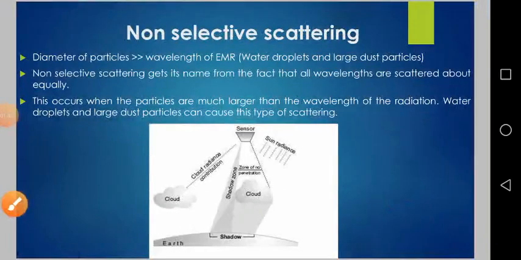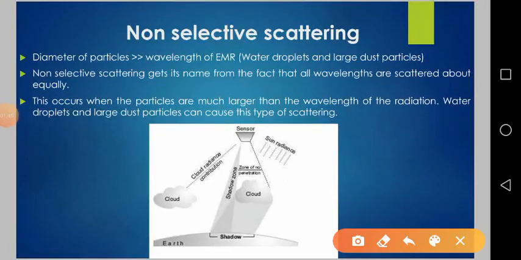The next one is the non-selective scattering. Here, if the diameter of the particle is much greater than the wavelength of the electromagnetic radiation, then non-selective scattering takes place. Furthermore, the water droplets and large dust particles present in the atmosphere are responsible for this non-selective scattering.